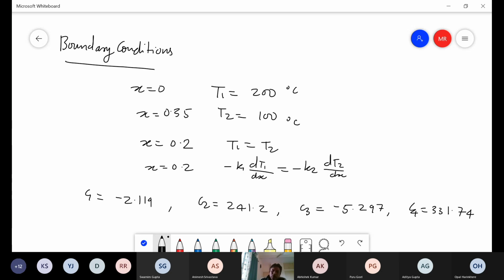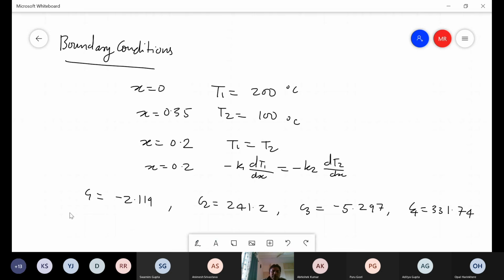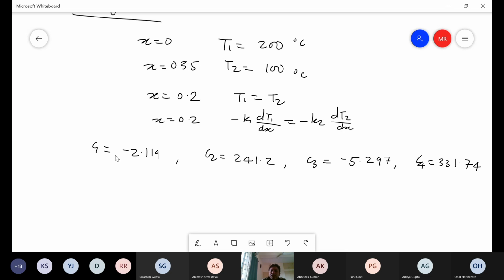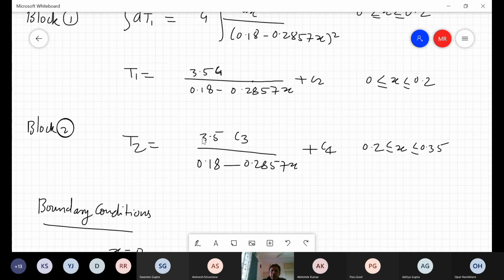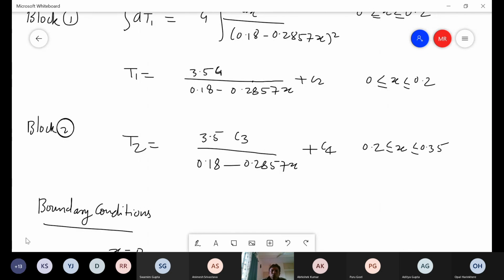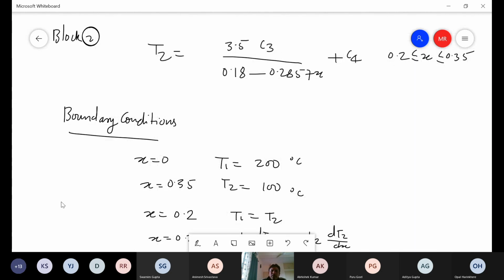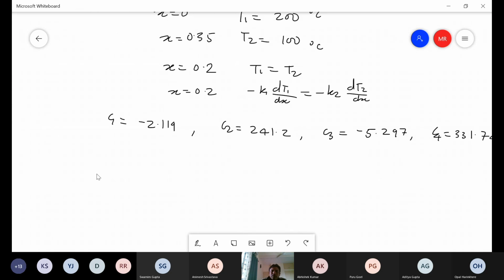So now let's move to the questions which are being asked in the tutorial. What was the first part? The first part is we have to find out the temperature distribution across both the blocks, isn't it? Block 1 as well as block 2, or layer 1 and layer 2. So once you know the constants C1, C2, C3, C4, you can put them in the equations given above in these two equations and find out how T1 and T2 are distributed as the length x is increasing.